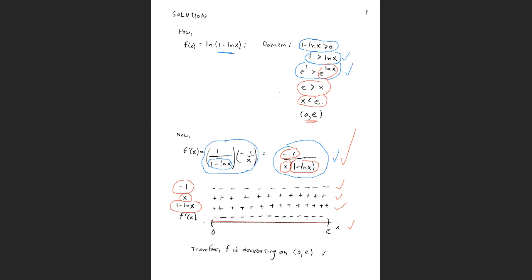I mean, at the greatest value e, what's the log of e equal to? If you were to compute 1 minus log of e, good, Sebastian. The log of e is 1, so 1 minus 1 is 0.